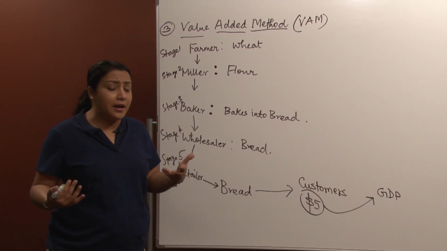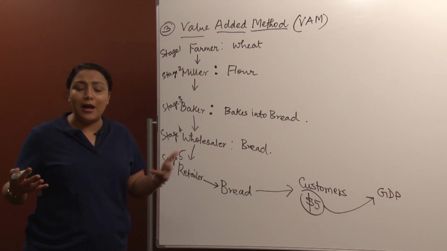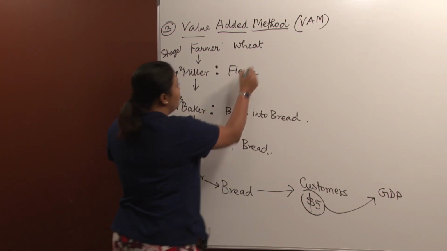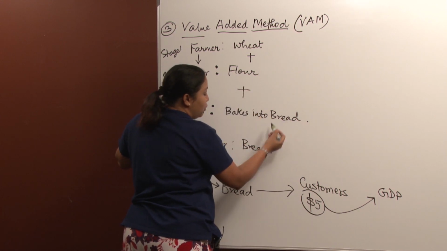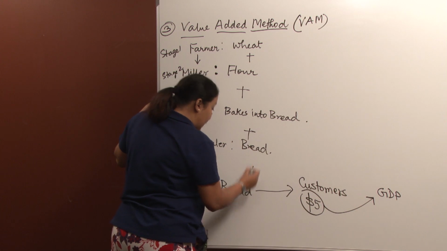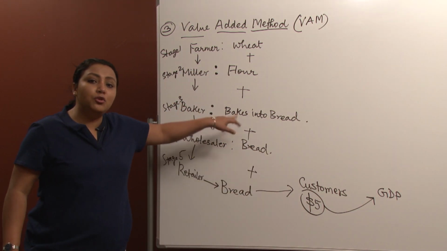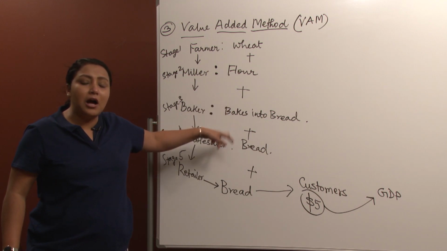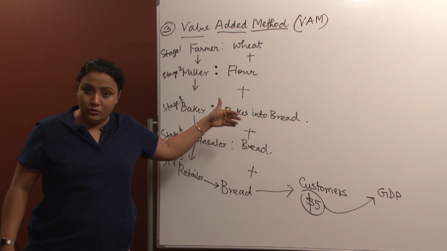So if we said that we were going to include the value of all final goods, then you would be adding the value of wheat plus the value of flour plus the value of bread that the baker bakes plus the bread that the wholesaler sells, and again the value of the bread that is sold to the customer. So basically what you would be doing is double counting, triple counting and multiple counting of final goods, right?